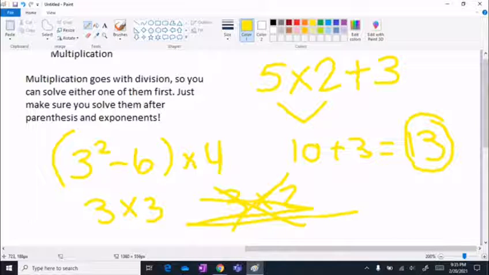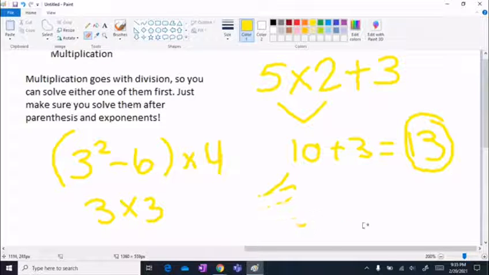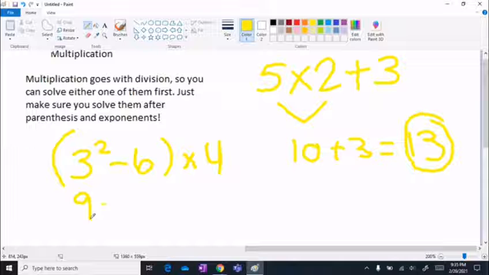So, with that said, 3 to the power of 2, which is 3 times 3, equals 9. So we can already bring down the 9. And now we have minus 6. 9 minus 6 equals 3.